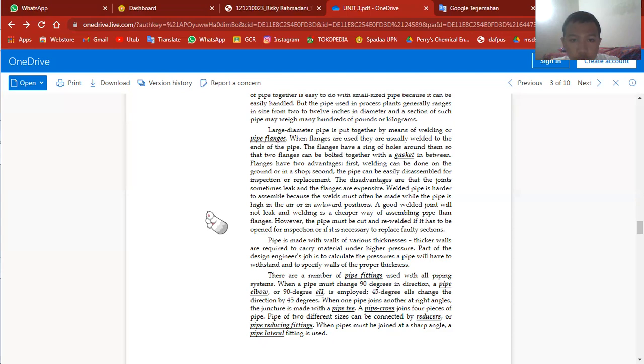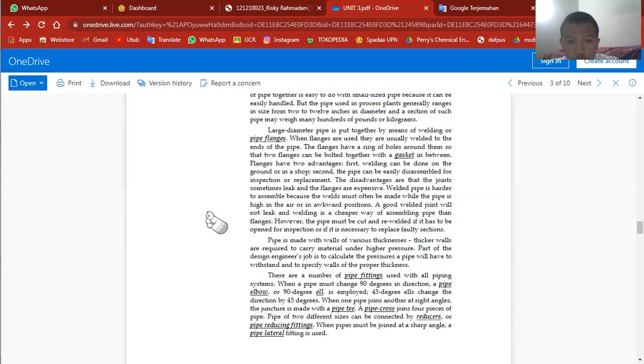Flanges have two advantages. First, welding can be done on the ground or in a shop. Second, the pipe can be easily disassembled for inspection or replacement. The disadvantages are that the joints sometimes leak and the flanges are expensive.